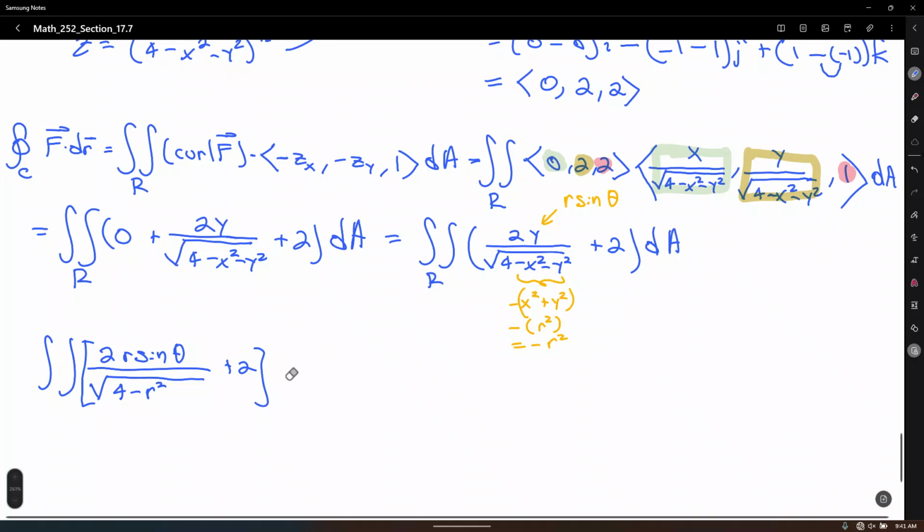And in this case, change dA with r dr d theta. And the limits, what are the limits for the radius? 0 to 3, right? And the limits for theta from 0 to 2 pi, right?